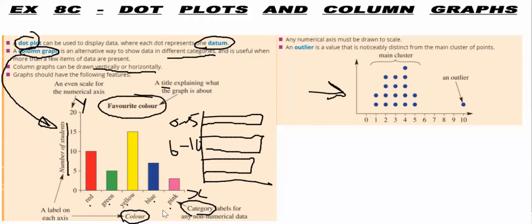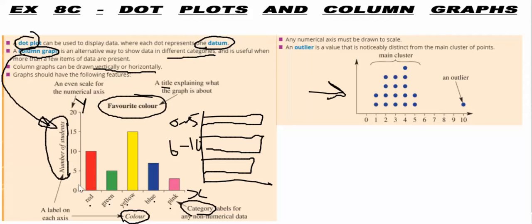The category stuff is non-numerical data, so it's stuff that's not necessarily numbers. And then on this side you've got the amount each bar represents. So in this case, the number of students who may like red or green or yellow or blue or pink. Okay, so that's what that one represents.